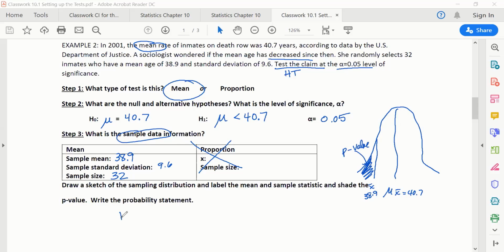So we want the probability that x bar is less than or equal to 38.9, and that's our p-value. And we want that to be less than or equal to alpha, which we were given is 0.05.